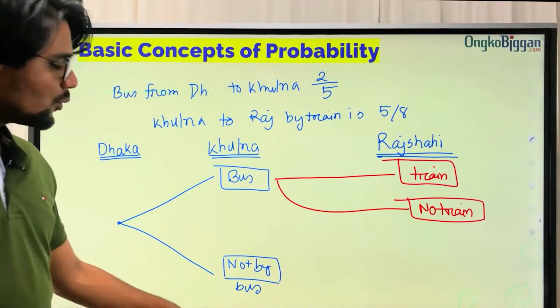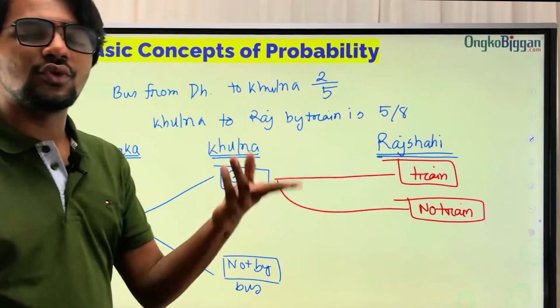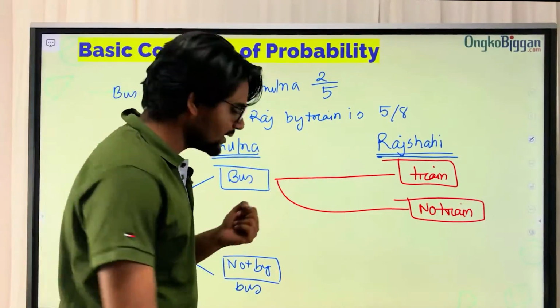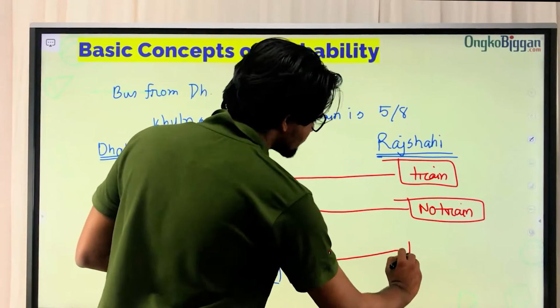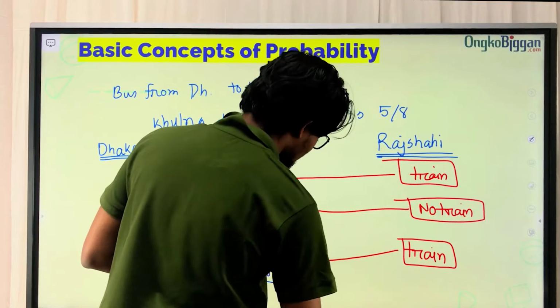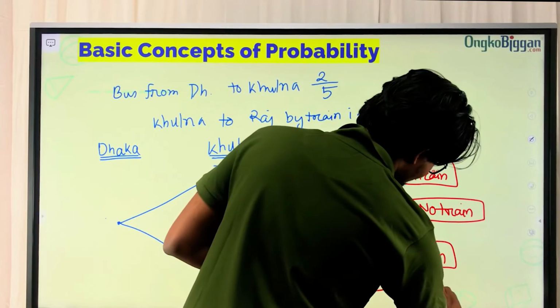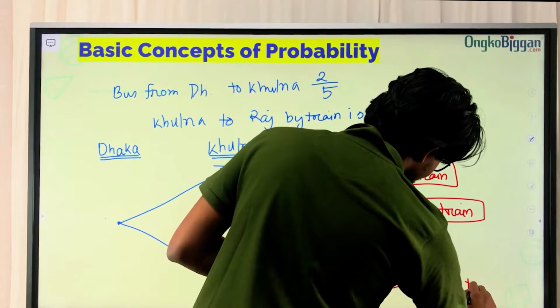Similarly, if he moves to Khulna not by bus, he can also take two possible ways to go to Rajshahi, that is by a train and not by a train.